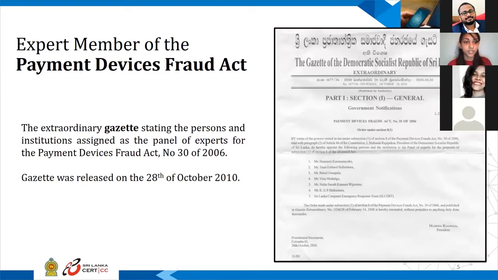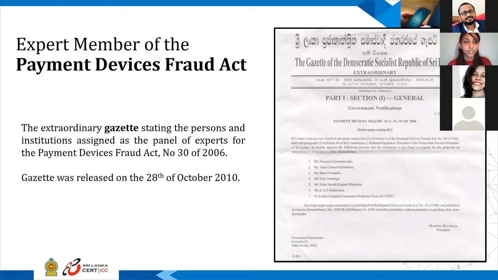Normally, if I tell you about the process of how Sri Lanka CERT receives cases, the police have to get a court order from the courts stating that these devices must be investigated, and the courts will assign a party to investigate those devices.